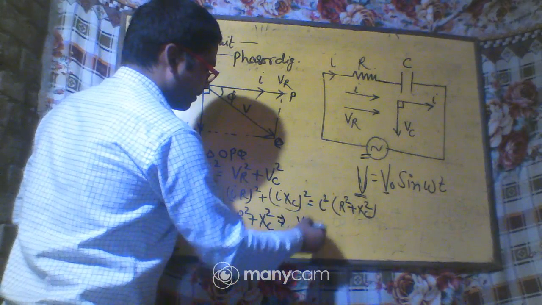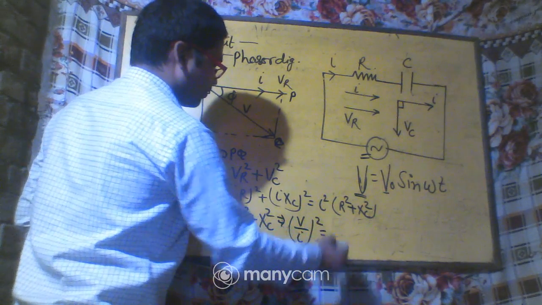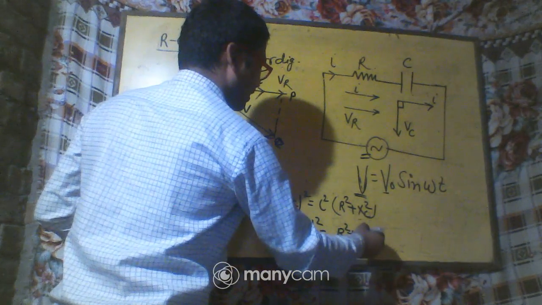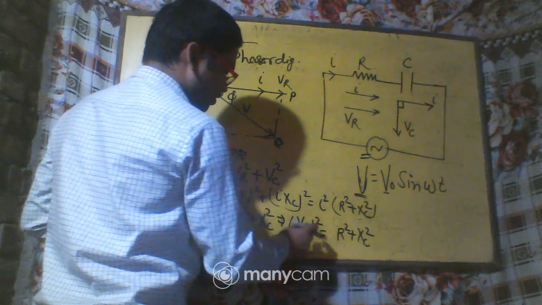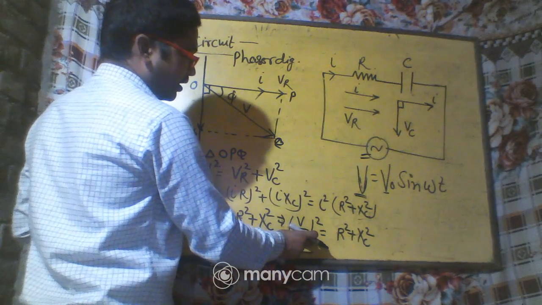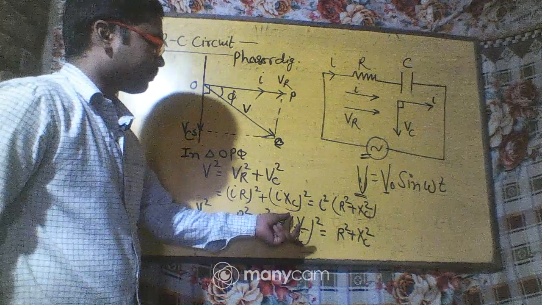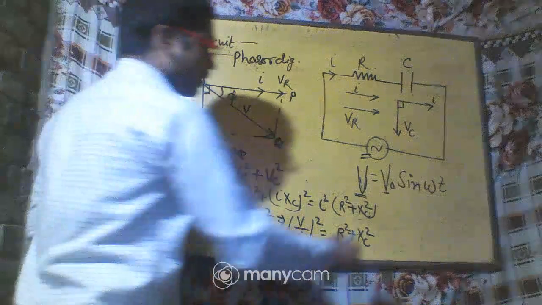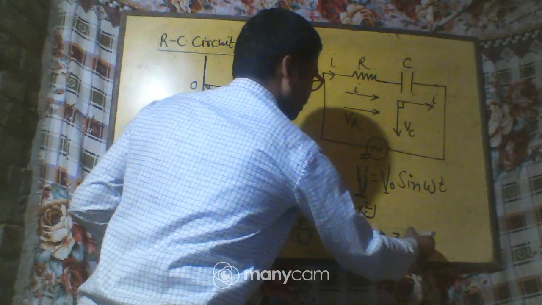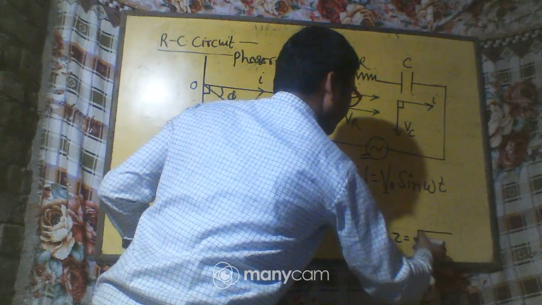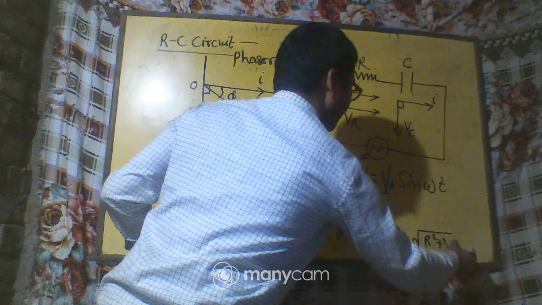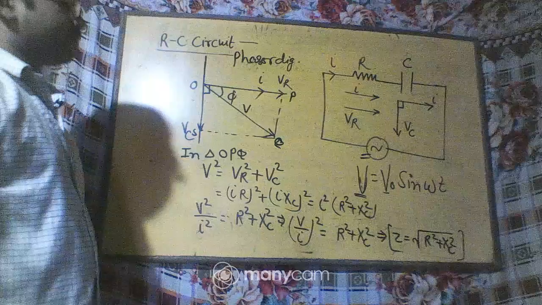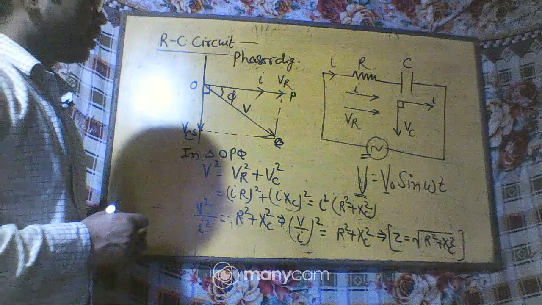Since V by I has the dimension of resistance, this one is denoted by Z and known as the effective impedance of this circuit. So you can write Z is equal to under root R square plus XC square. This is the formula for the effective impedance of this circuit.